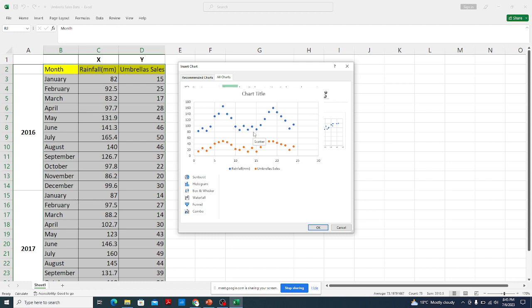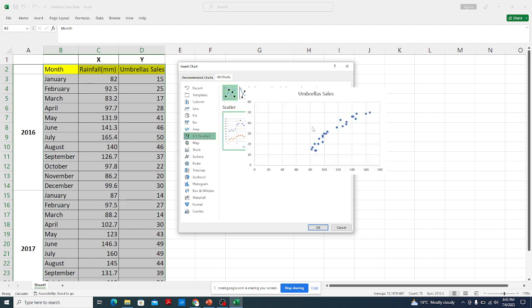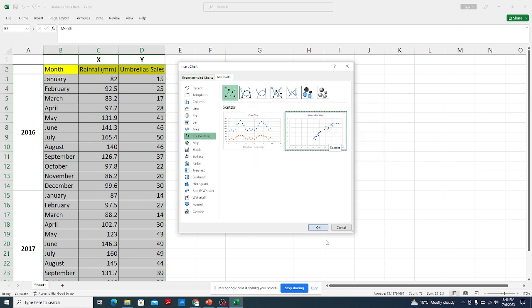So we will use the scatter plot which has the umbrella sales on the y-axis, because our objective here is to predict the amount of umbrella sales with change in the amount of rainfall.